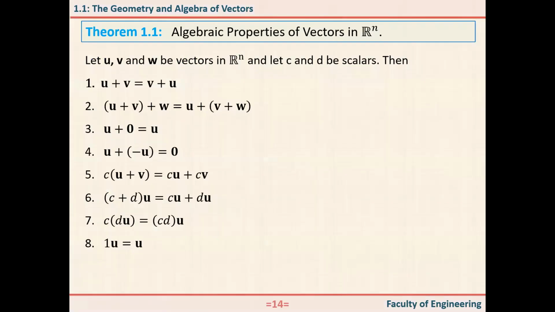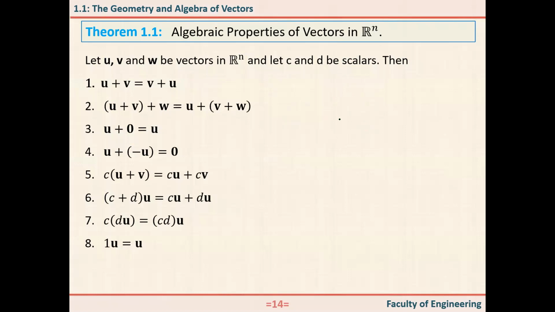Algebraic properties of vectors in Rn. Once again, what we mean here is that u, v, and w are from Rn, which means each vector is described by n components. If it is 3, you'll have 3 components; if it is 4, we have 4 components.